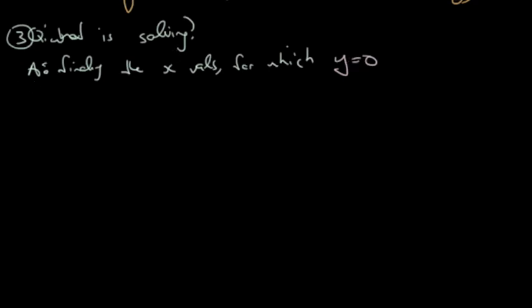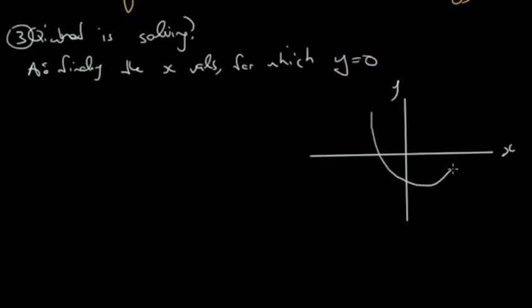So say we've got a graph like this, with our x and our y, and then we've got something that looks maybe like this. And when we say, what are our x values for when y equals 0? Well, y equals 0 all along this line.